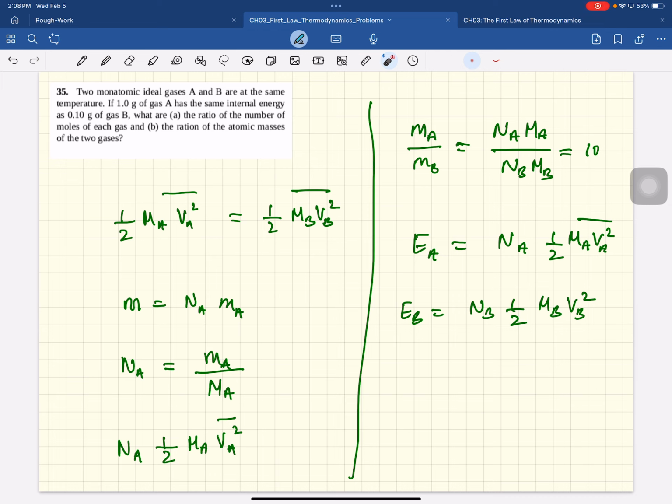For the same internal energy... I'm making a mess of this. I'm missing something. The same temperature.